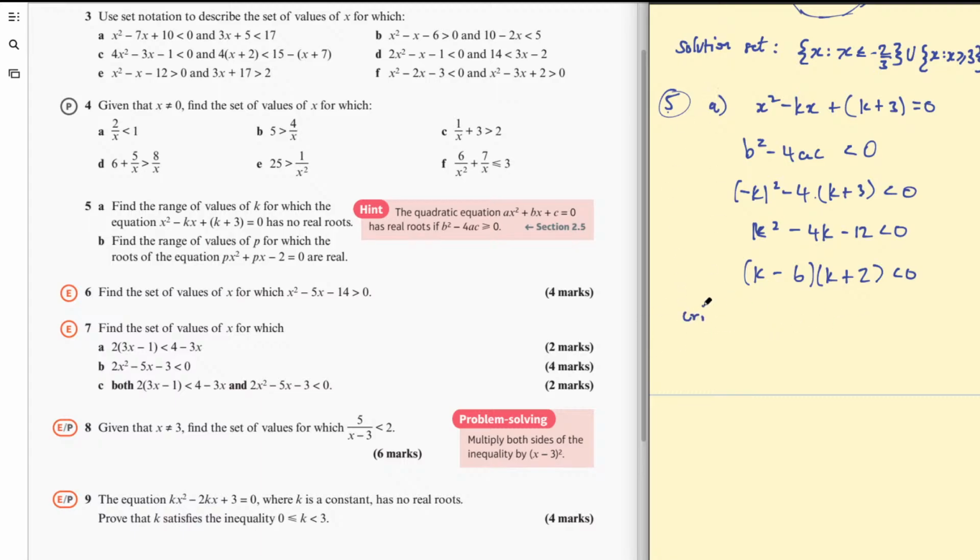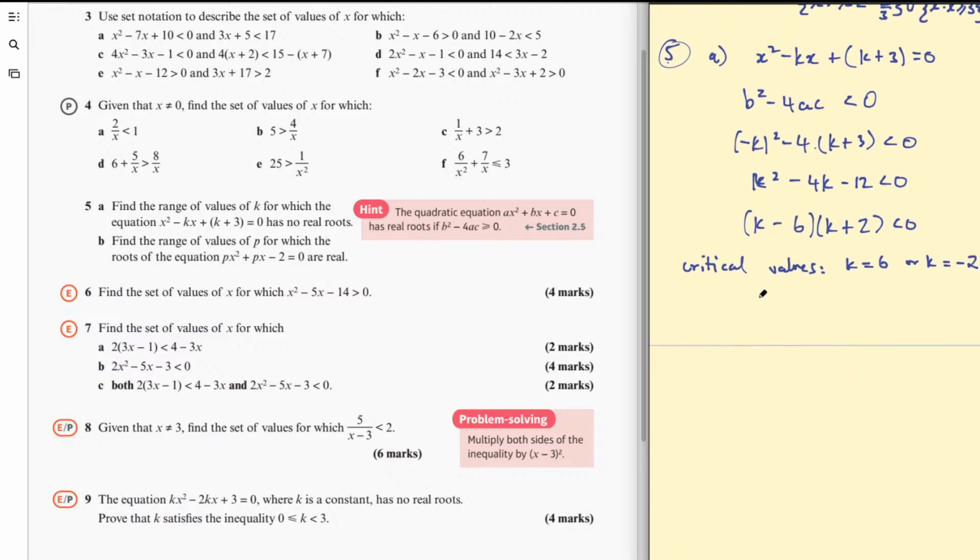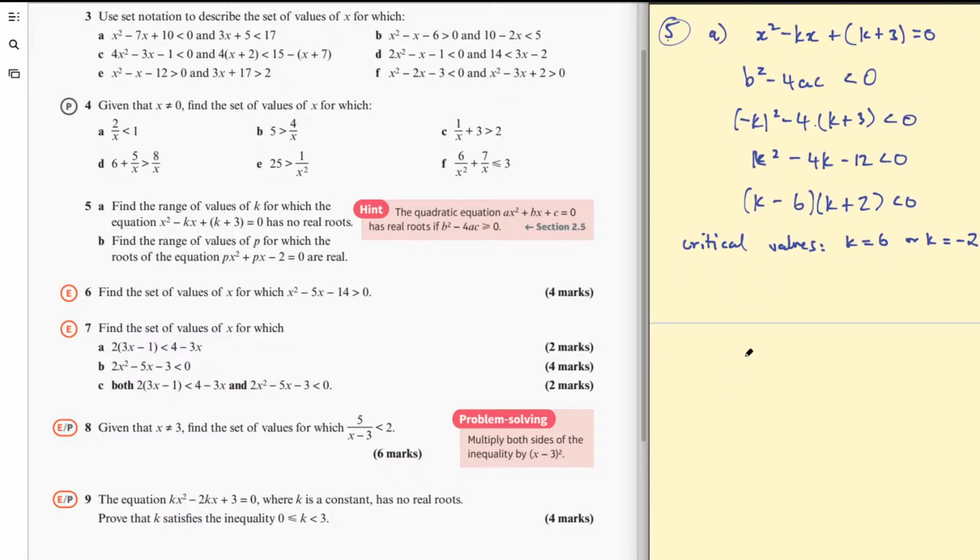So the critical values are k equal to 6 or k equal to negative 2. And then draw your quick sketch.